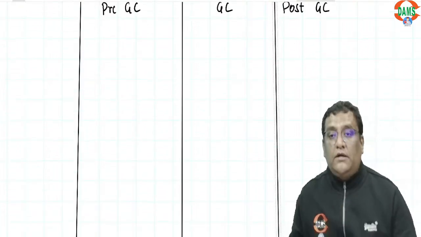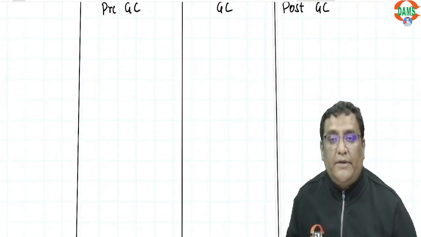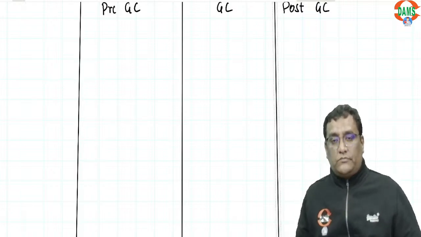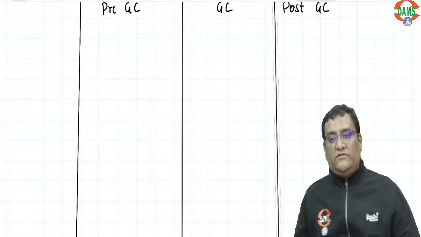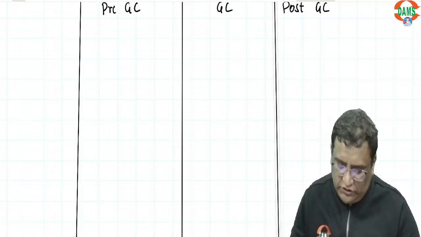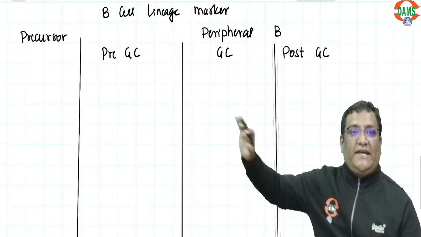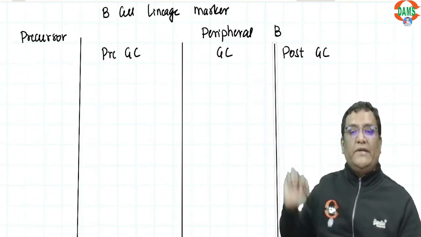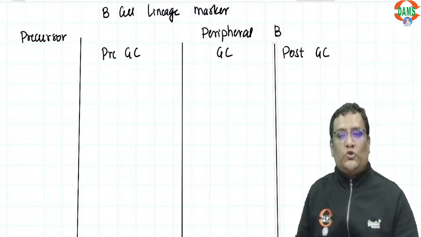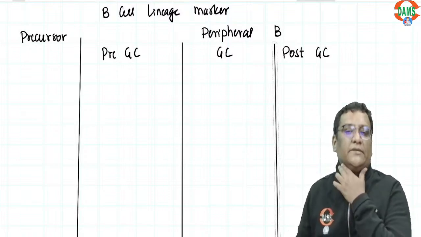Another name for pre-germinal? Mantle zone. Yes, very right. Another name for post-germinal is marginal zone, isn't it? Okay. So now let us talk about these 4. Basically, there are 4 zones of B cell development.